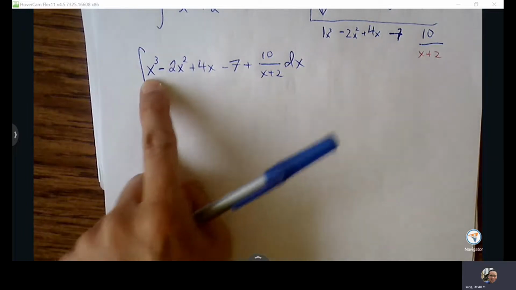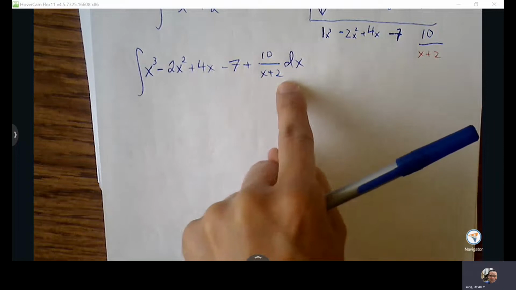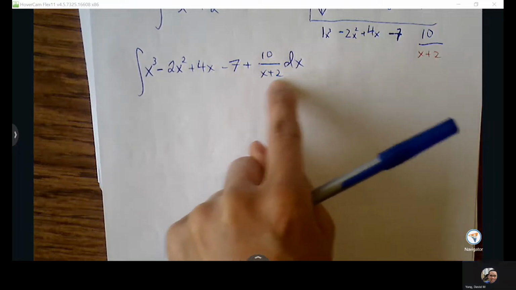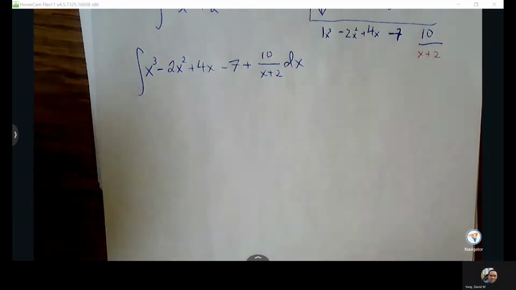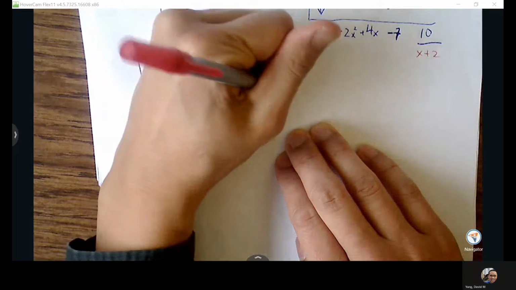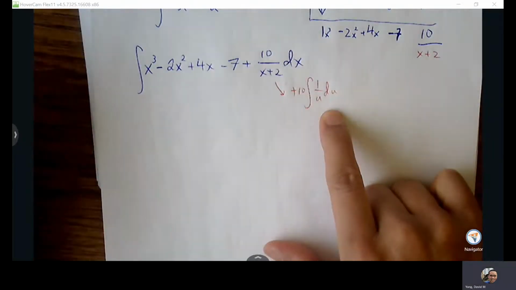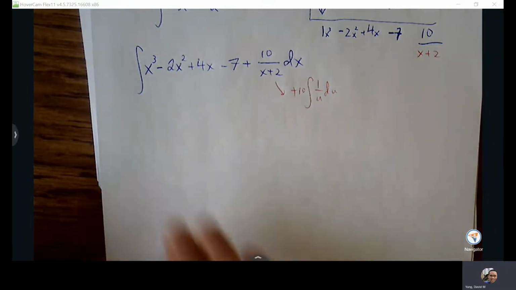So now every term is nicely set up for power rule, except for the last term. The last term is u substitution, but it's going to be a natural log one. So we can really think of this as the integral of 1 over u du. Okay, power rule.